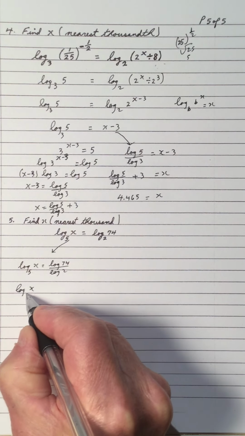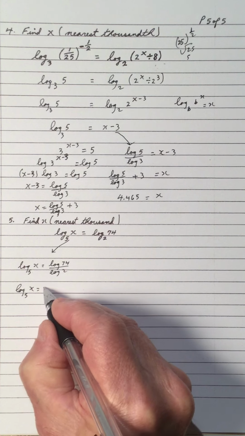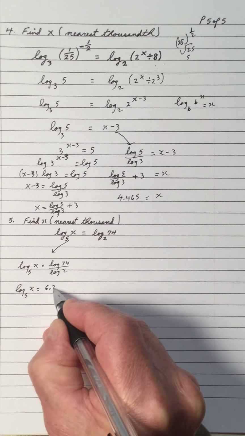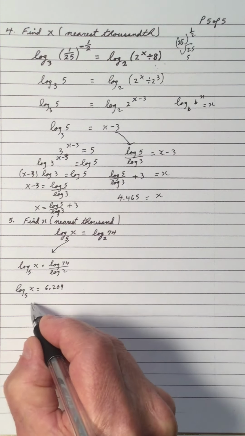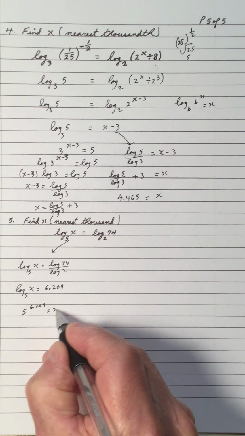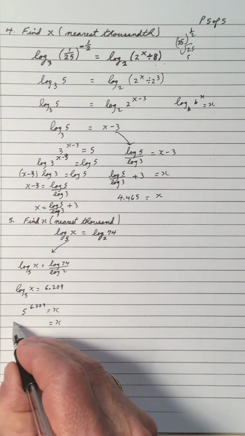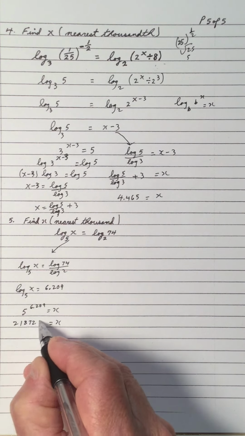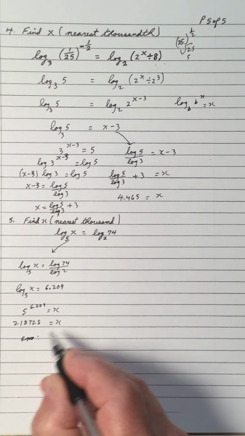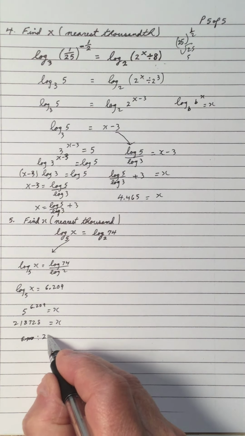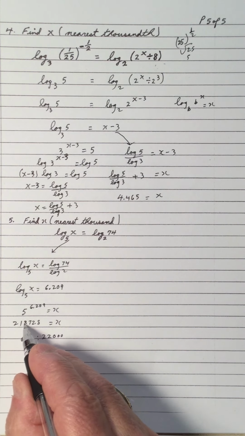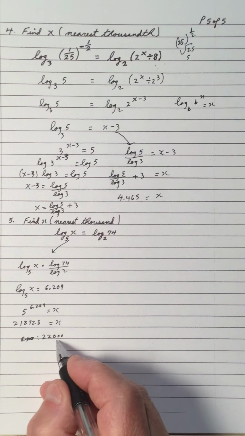That comes out to be 6.209, and so base, exponent, number, so x comes out to be 21872.8, and so the answer to the nearest 1,000 is 22,000.